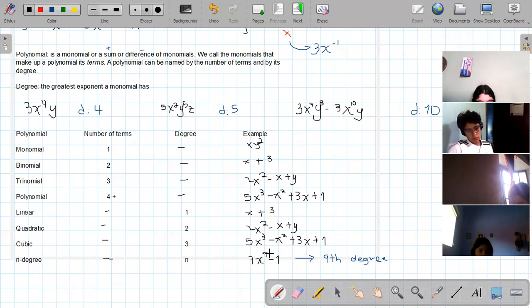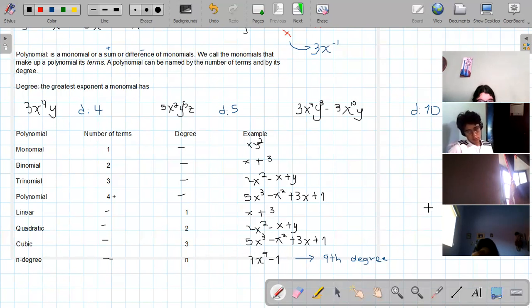Okay, so 7x to the 9 minus 1, this is a binomial of 9th degree. So you say the number, degree. If this was a 20th degree, or, I don't know, a 36th degree.